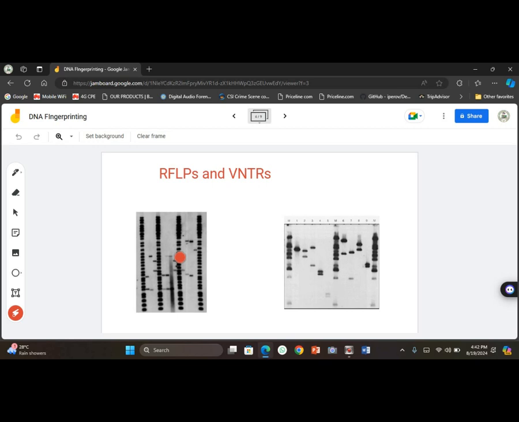VNTR, variable number tandem repeats. Variable number tandem repeats, or VNTRs, represent specific locations on a chromosome in which a tandem repeat of 9 to 80 or more base pairs is repeated a different number of times between individuals.